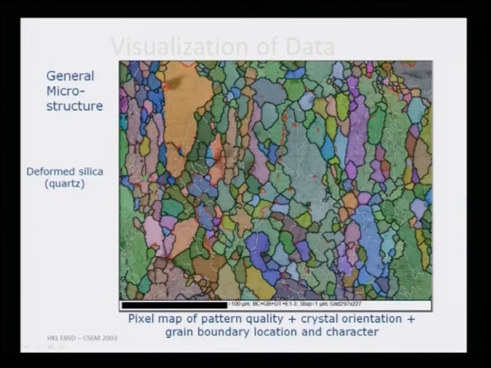This is taken from one of the HKL EBSD software manufacturing companies in the UK, Oxford Instruments. We have the facility installed in our microscopes, again Oxford Instruments. This is just for their routine data. So what you see is that the grains are of different colors depending on the orientations.